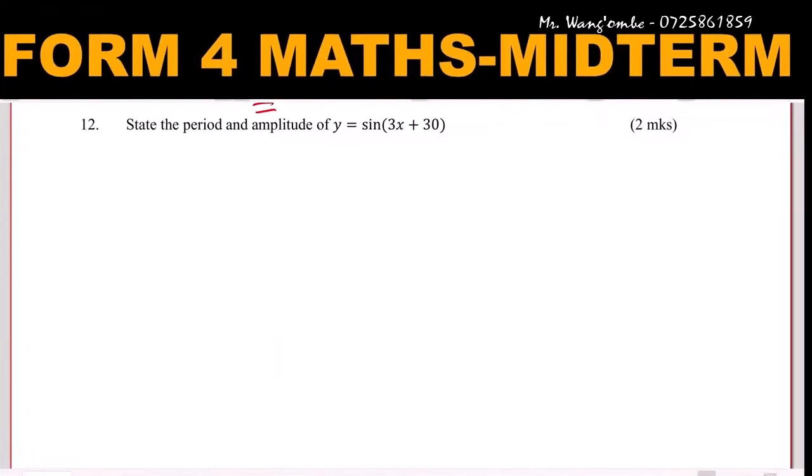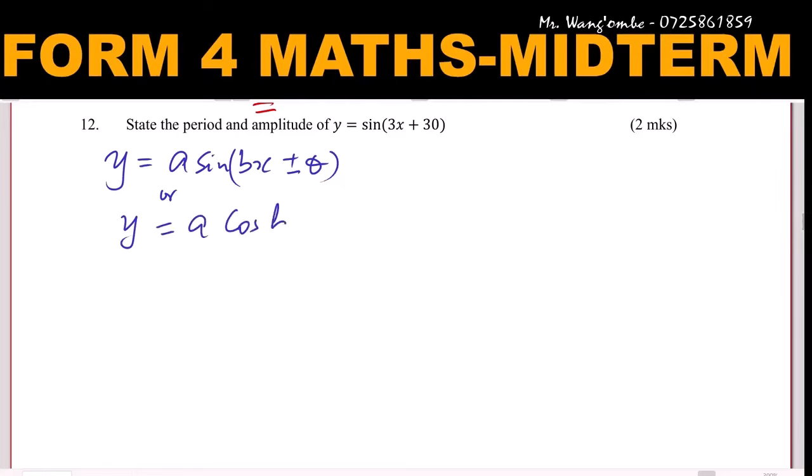Question 12. State the period and the amplitude of y equals sine of 3x plus 30. How do you identify the amplitude and the period in a given equation? Recall the general function y equals a sine of bx plus or minus theta, or it could be y equals a cosine of bx plus or minus theta.